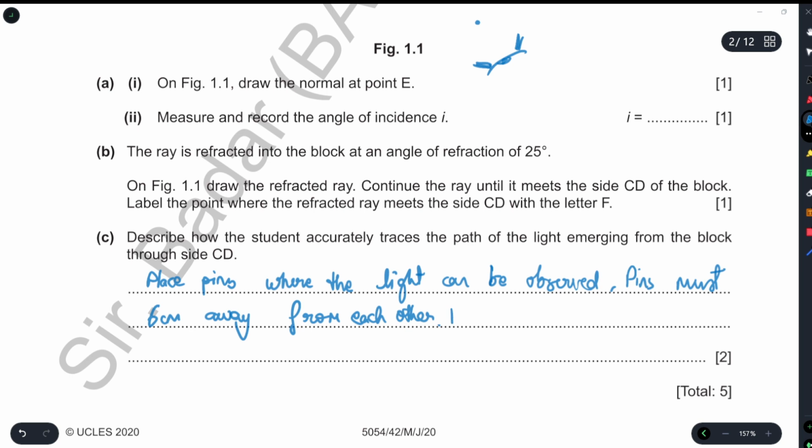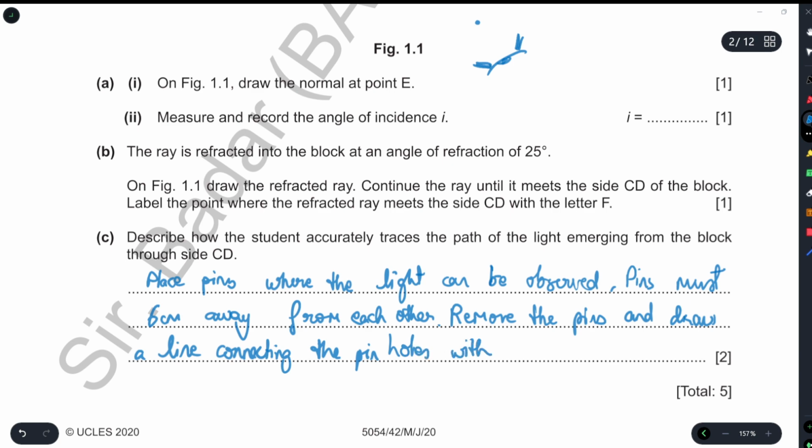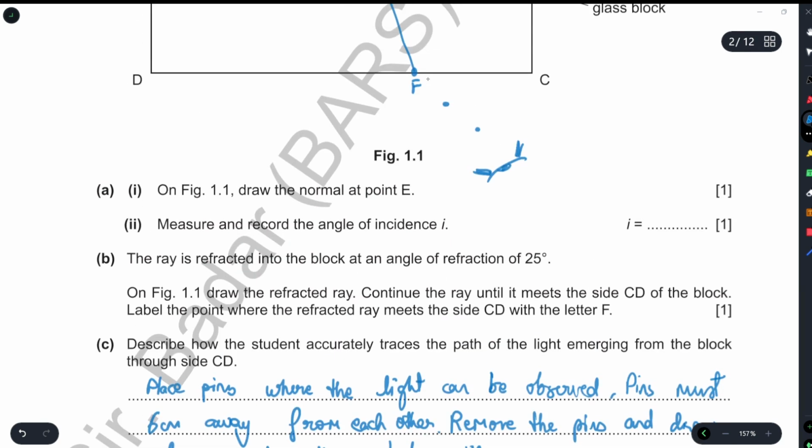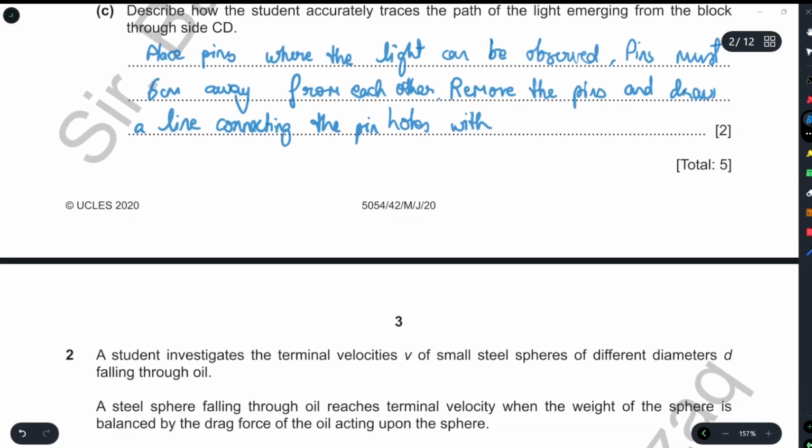And then we can say remove the pins and draw a line connecting the pinholes with F. ये जो F हमने बनाया है इससे हम इन पिनहोल्स को कनेक्ट करेंगे, तो उससे हमारे पास एंगल आ जाएगा.